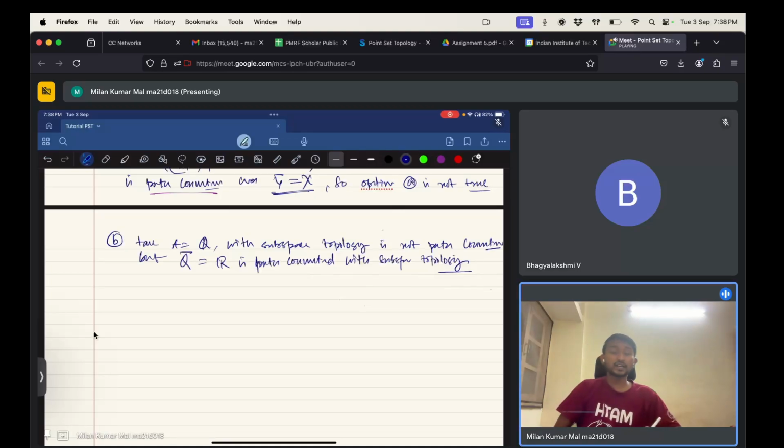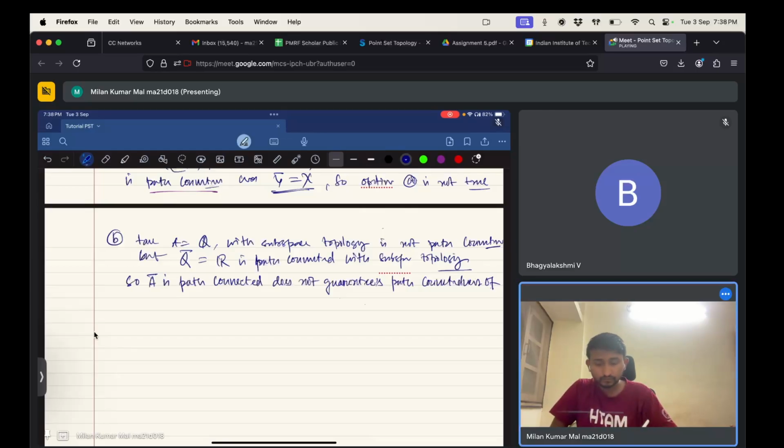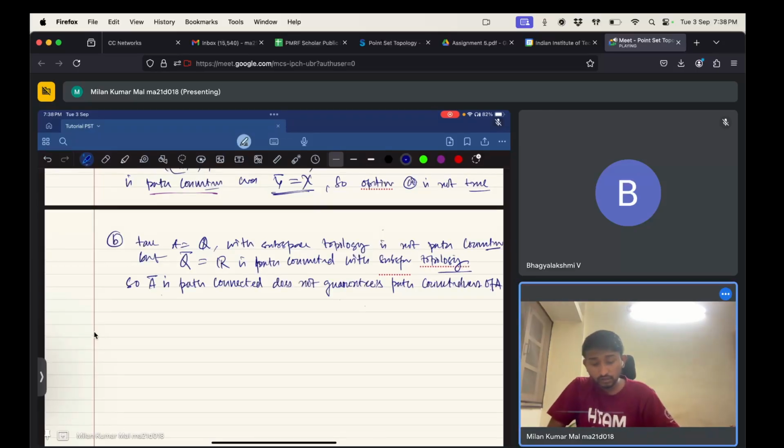So A closure is path connected, but that does not guarantee that A is path connected. That means option B is also incorrect. So that means none of these options is correct.